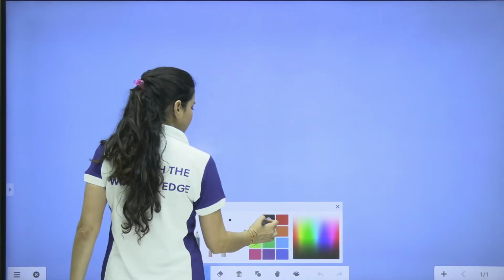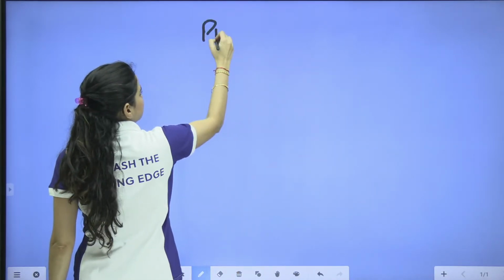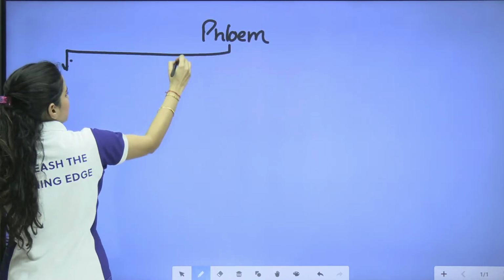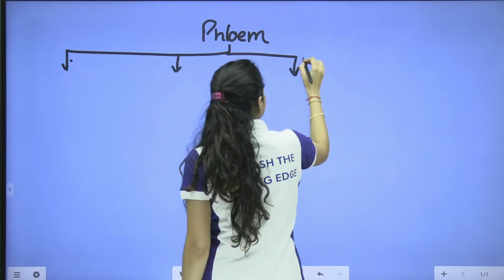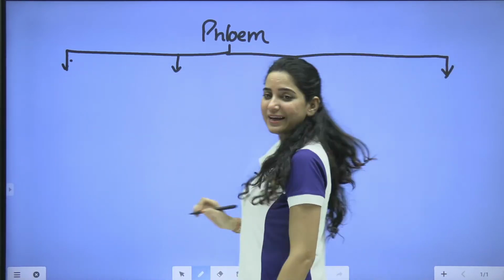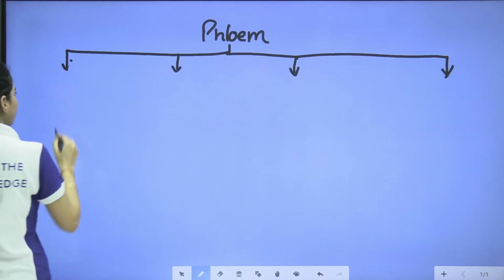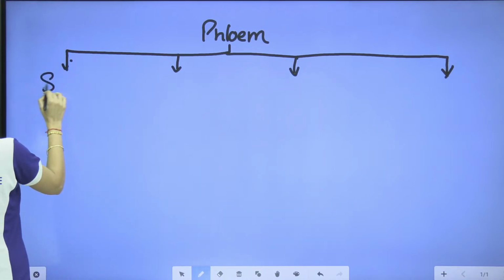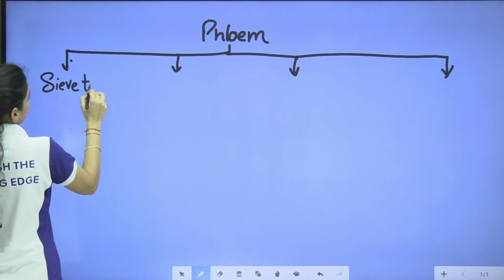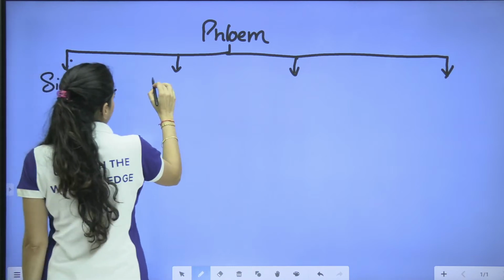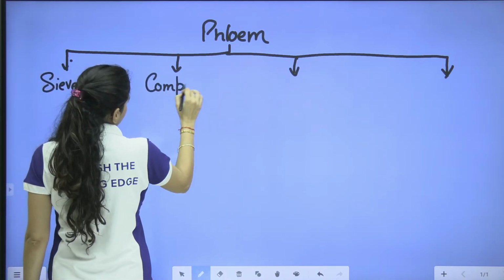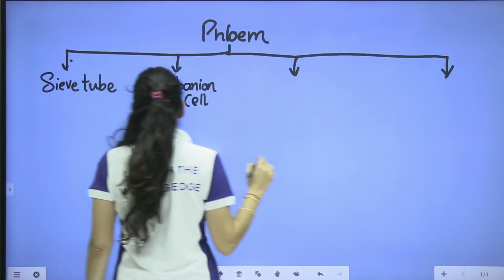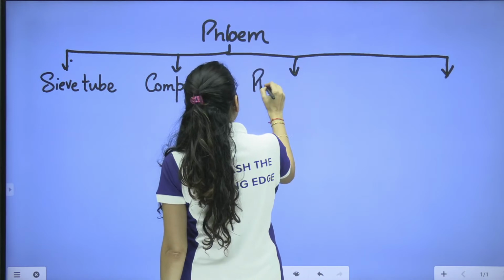So first of all, बेटा, if I talk about phloem, phloem is a vascular tissue. So phloem has got four components, four parts to it. Number one being seed tube. Number two, companion cell. Number three, phloem parenchyma.